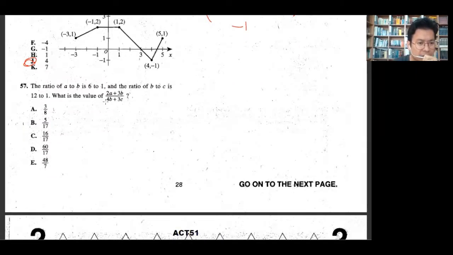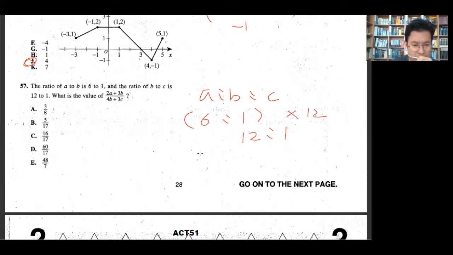What is the value of this one? So A to B is 6 to 1. Okay, and B to C. This is 6 to 1. And B to C is 12 to 1. Okay, so we multiply 12 onto this one. Then you can see 12 to 1.